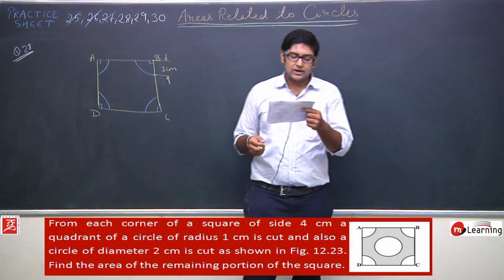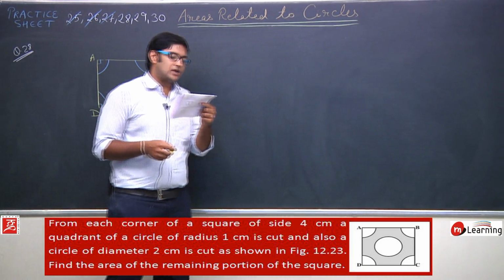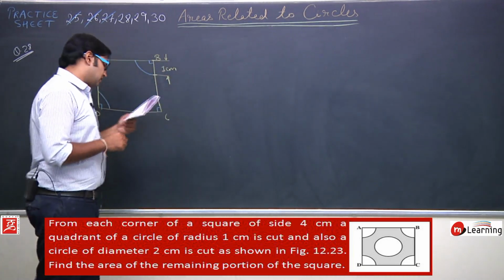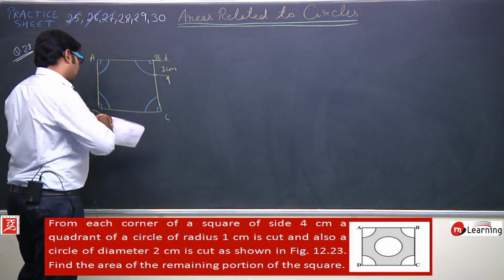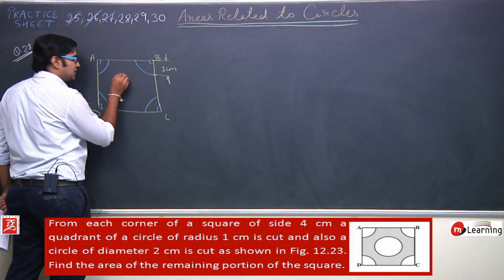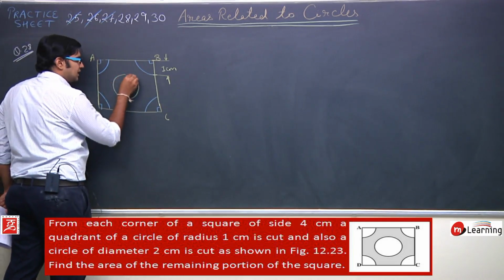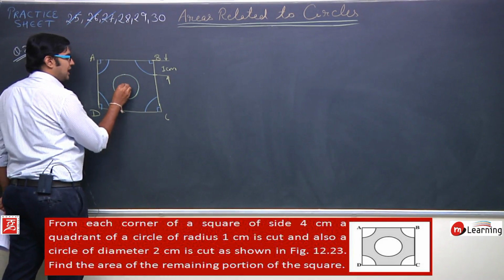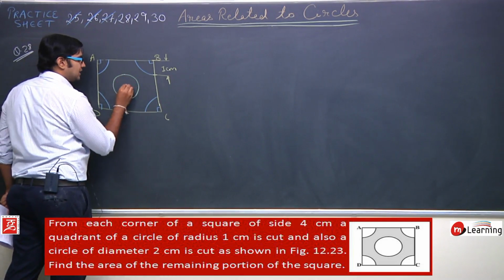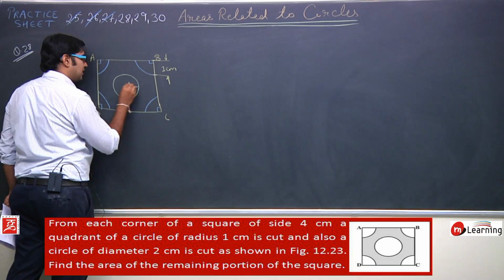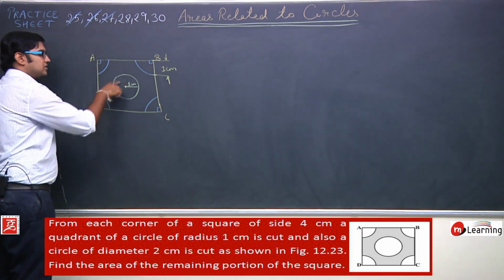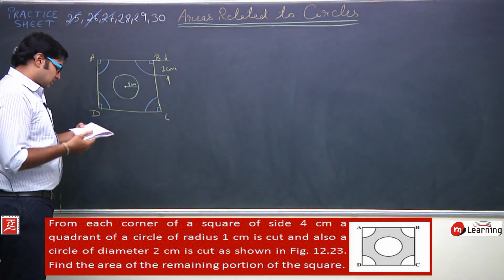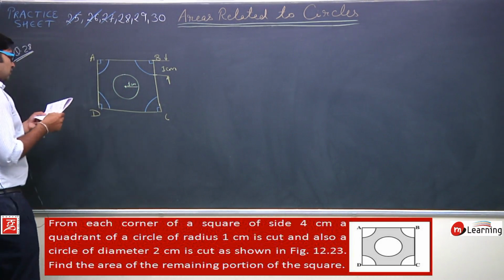Then, also a circle of diameter 2 centimeter is removed from the figure. So I have removed a circle from the center whose diameter is 2 centimeter, that is the radius of this circle is 1 centimeter. I have removed this much portion also. So I need to calculate the area of the remaining portion.